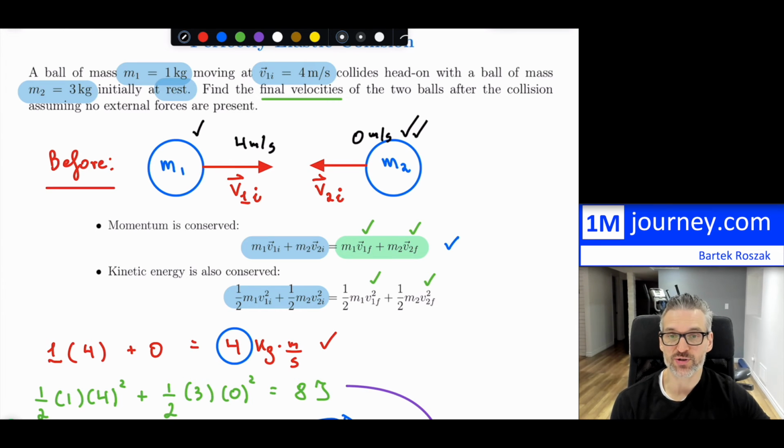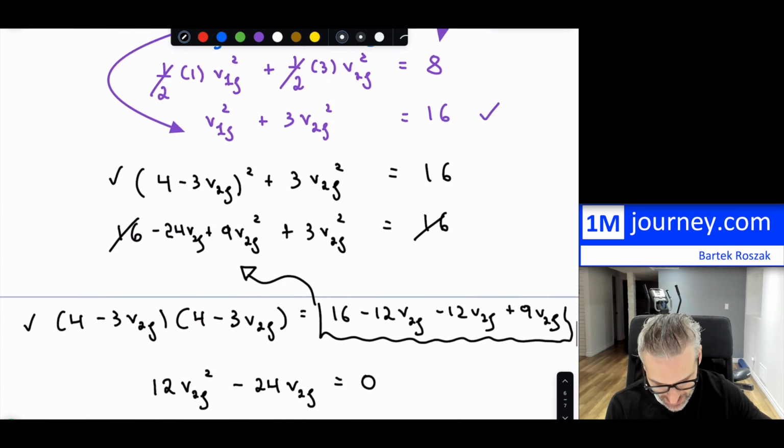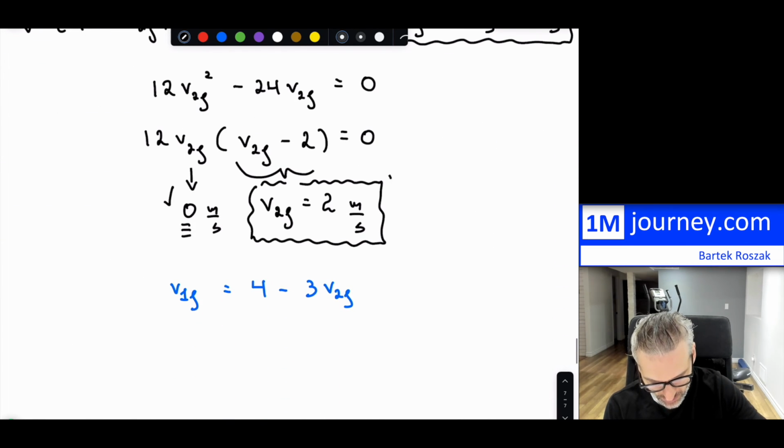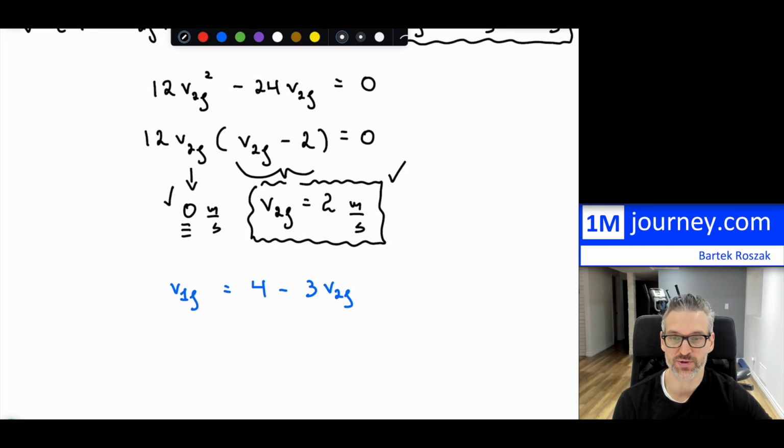So if those are your solutions, those are just your initial values, before the collision. This is what you started off with, which is not your final after the collision happens. After the collision happens, it's going to be the second one right here. So this is 2 meters per second.